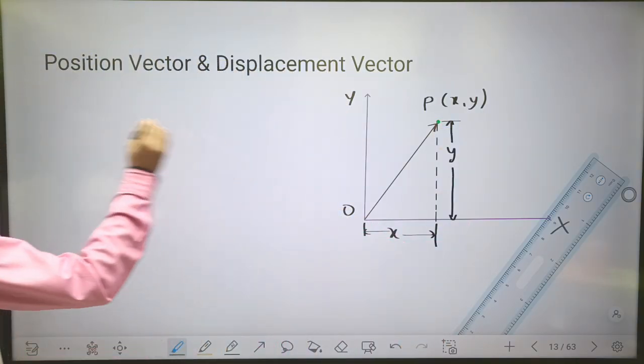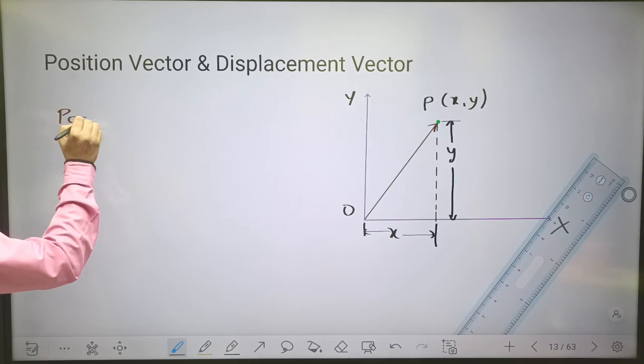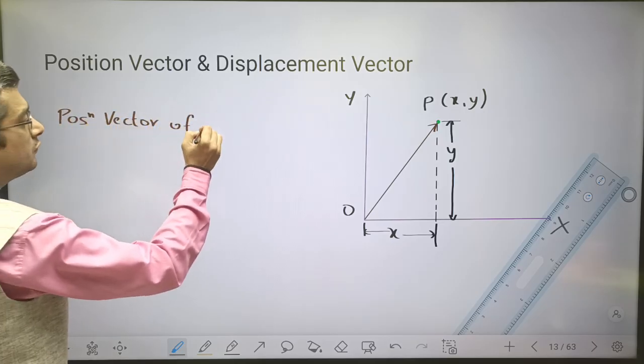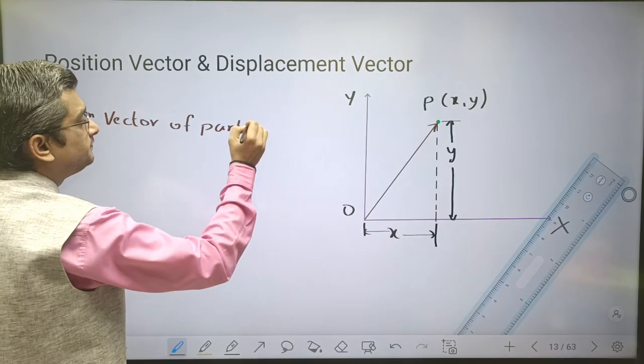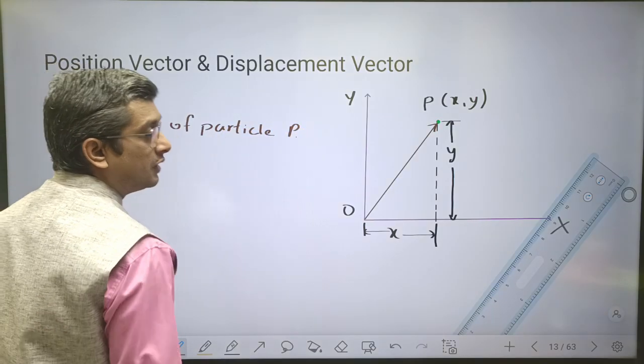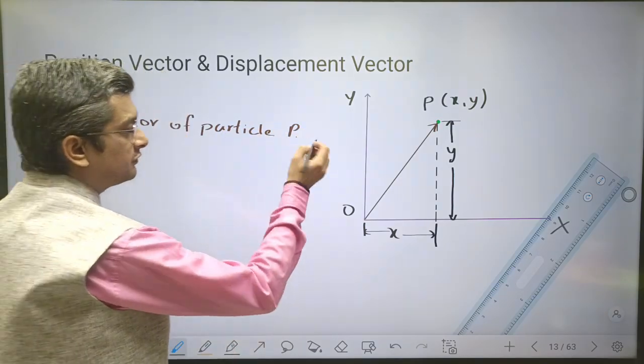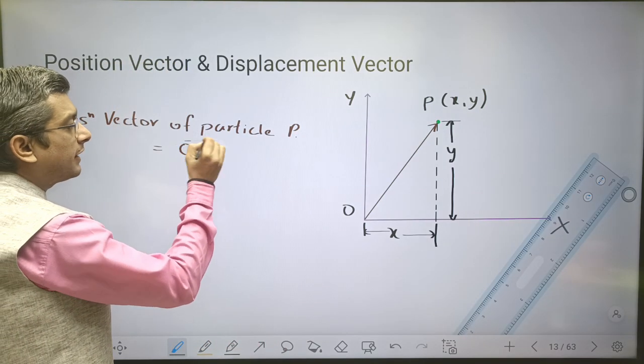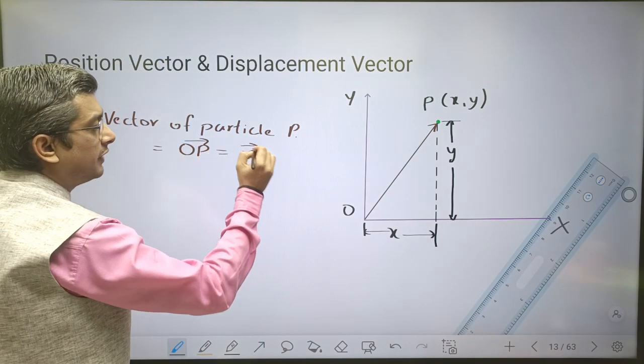Now if I write the position vector of particle P, or you can say the position vector of the particle which is at point P, it is given by OP vector represented by R vector.